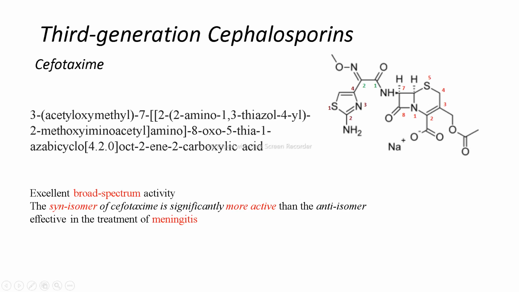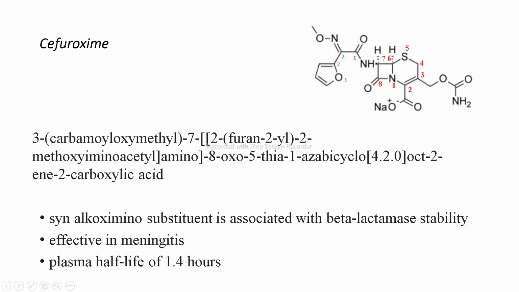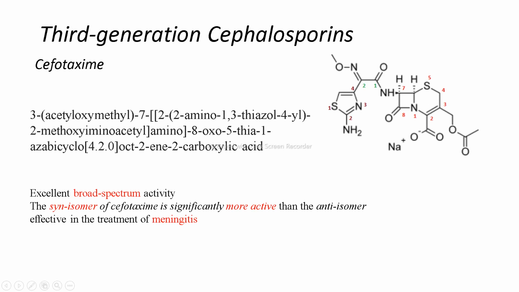Okay. Now if you check out the structure of the cefotaxime, again everything is the same. If we compare this structure with the previous structure, it contains CH2OCOCH3, while the previous compound contains CH2OCONH2. So over there it is NH2, but in this structure there is a CH3, right? Again, the previous structure also contains the same imino group and the methoxy group.